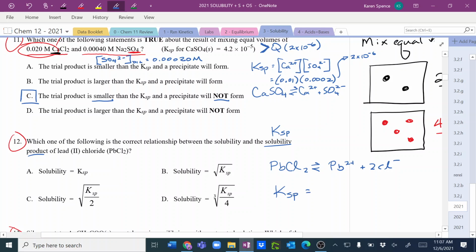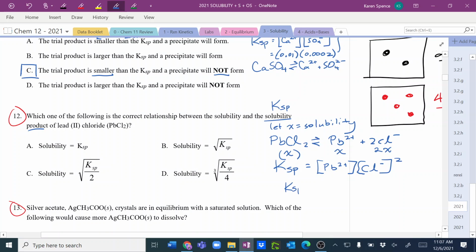KSP then is equal to Pb2+ times Cl- squared. Now, if we let X be the solubility, we would then have X and 2X.